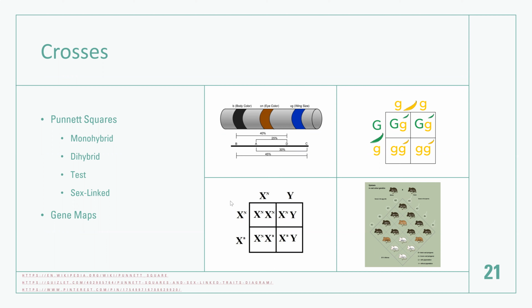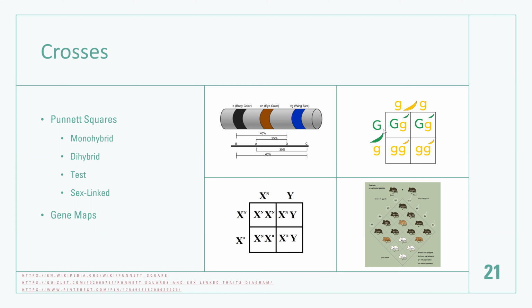Then we have a test cross, also known as a Brack cross, where you try to find out the genotype of one of the parents by crossing it with a homozygous recessive parent. If you get a 1-to-1 ratio, like you see here in the top right picture again, you know that the parent has to be heterozygous, because you'll never get a 1-to-1 ratio of phenotypes when you cross with a recessive parent if the other one isn't heterozygous.